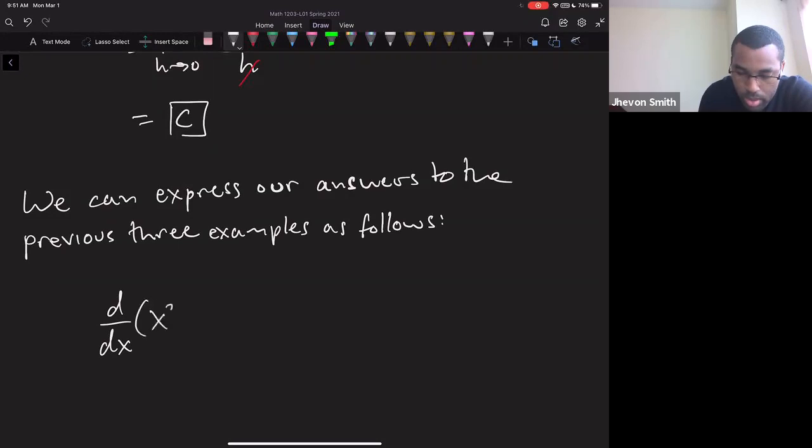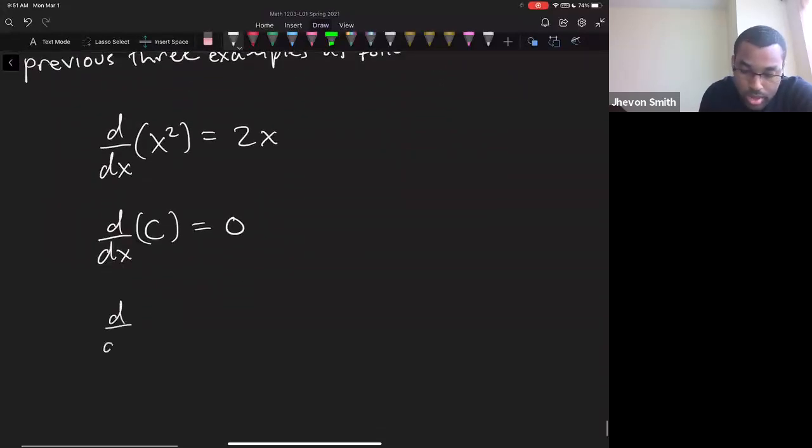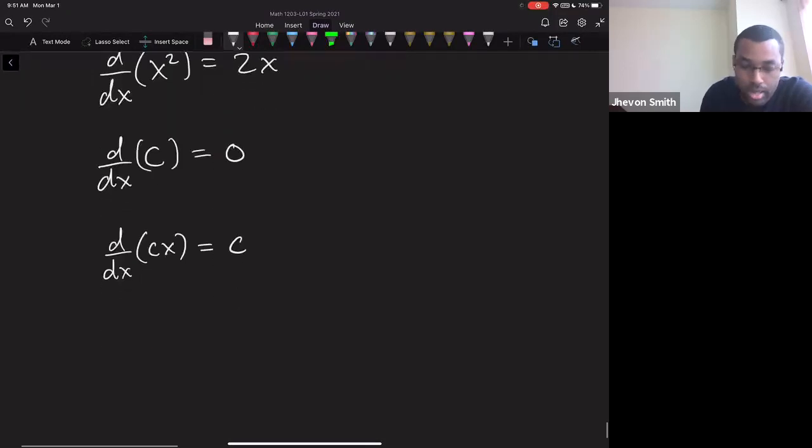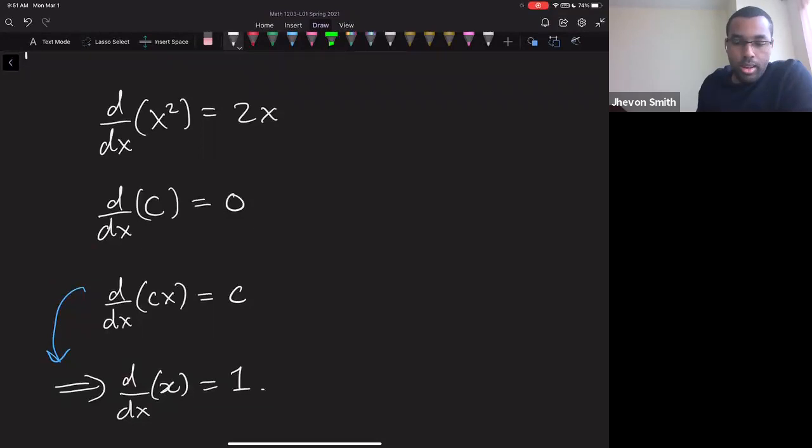So for example, we know that the derivative of x squared is 2x, right? And we know that the derivative of a constant is 0. I know that the derivative of a constant times x is just a constant. By the way, this means that the derivative of x is 1, right?